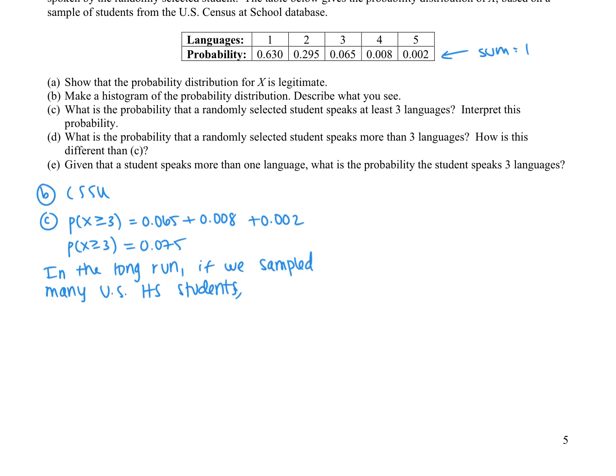That's what I really want to see, the many U.S. high school students. About 0.075, or you could write it as 7.5%, whichever you prefer, of them would speak at least 3 languages.